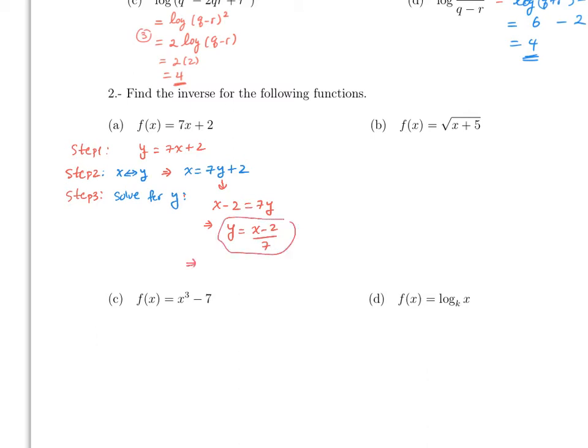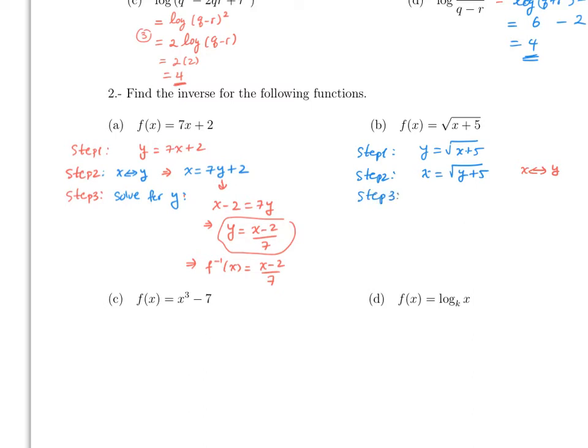So therefore, f inverse will be whatever you get from step 3. And that's it. Alright, so the rest will be the same. So step 1, y is equal to this. Step 2, x is equal to y plus 5. Remember, in step 2, x is replaced by y and y is replaced by x.